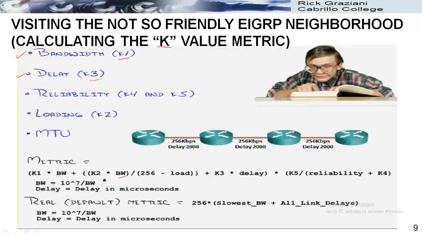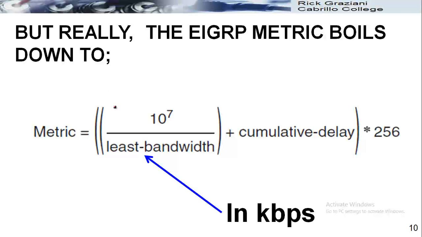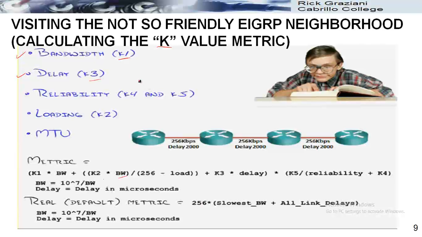The bandwidth base is 10 to the power 7. The delay is in microseconds. Anyway, the metric really boils down to this, because all these other values are zeroed out. The only ones that are set are K1 and K3. The others are zeroed out.